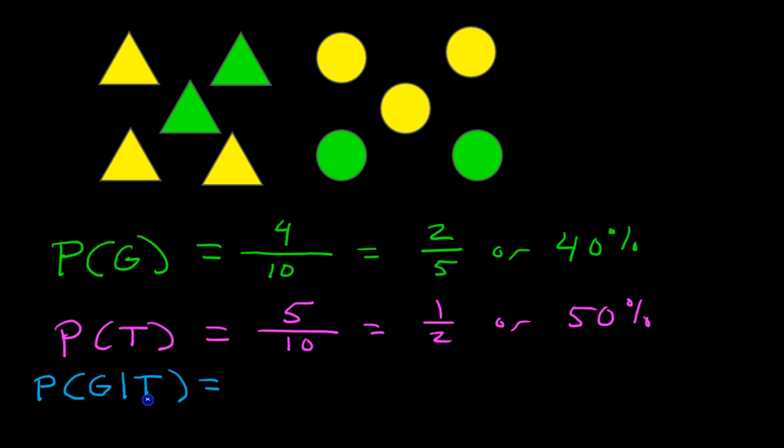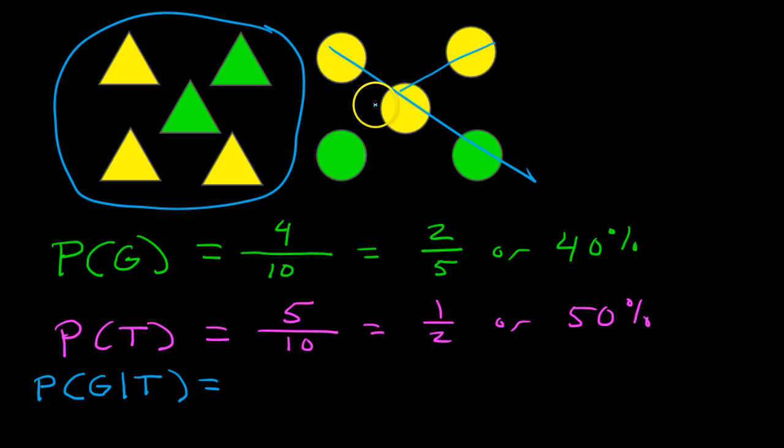So this second thing, the fact that we're given that we already know it's a triangle, that puts us in this world right here. We can forget about all of the circles. You know, I'm always saying target over total. Once you get down to a conditional probability, this first thing is the target, and the second thing is going to be the total.